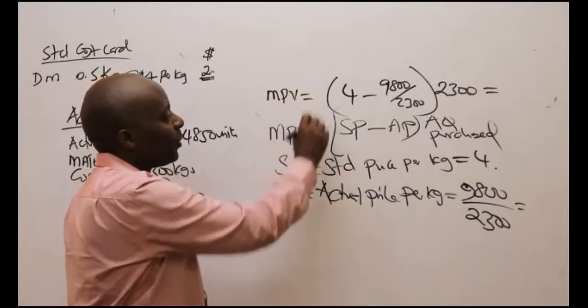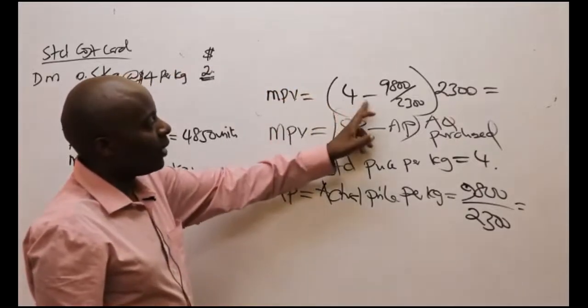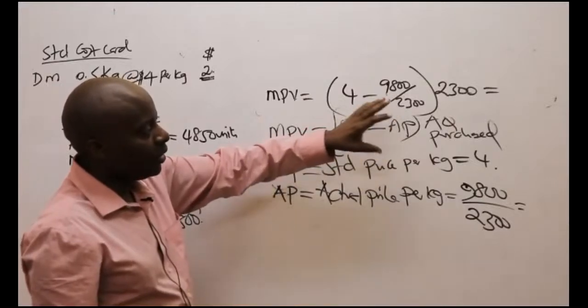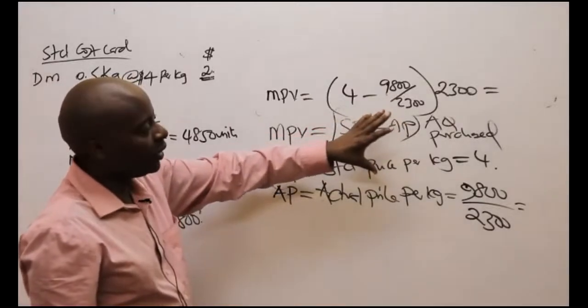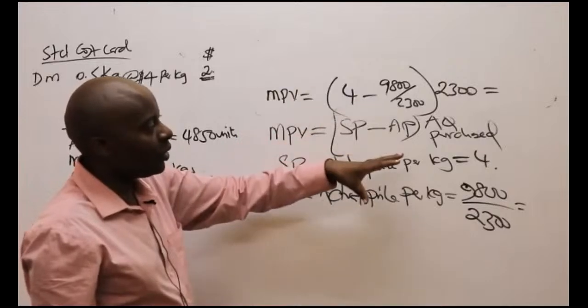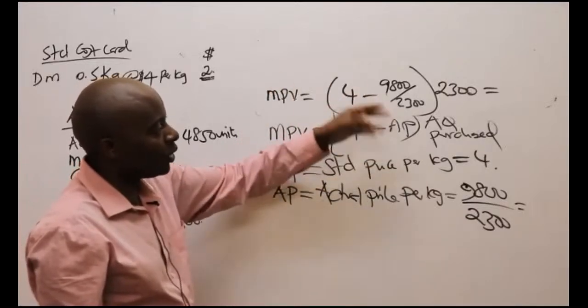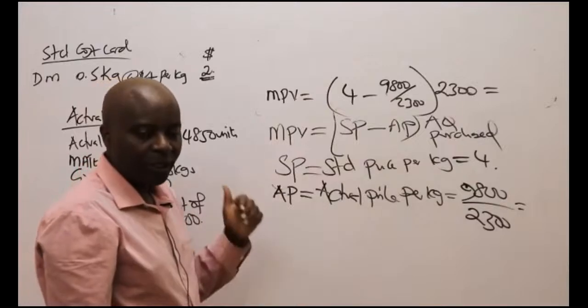What is the material price variance? You say 4 minus 9,800 divided by 2,300 equals whatever you get there, times 2,300. Or you open bracket, say 4 minus this, divided by that, close, times 2,300.